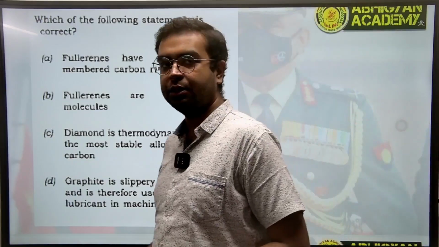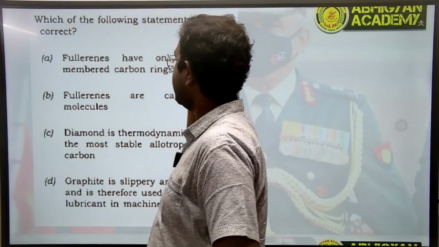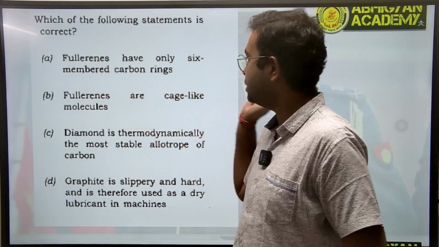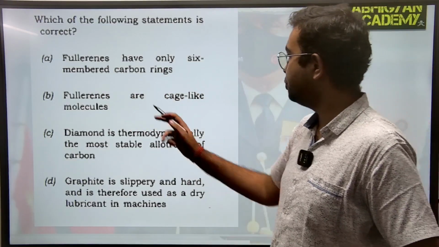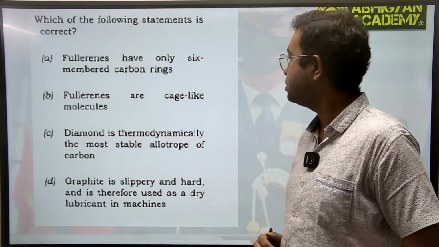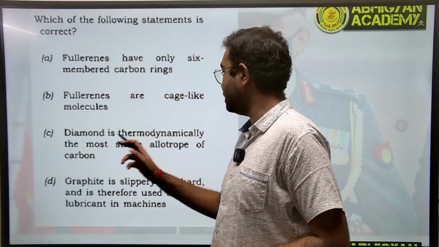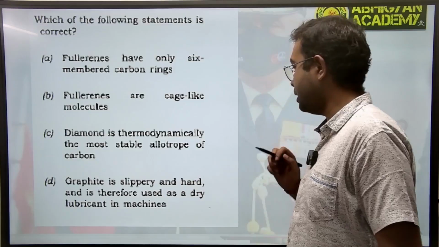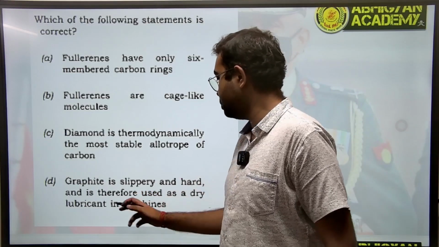Now the next question is, which of the following statements is correct? Fullerenes have only 6-membered carbon rings. Fullerenes are cage-like molecules. Diamond is thermodynamically the most stable allotrope of carbon. Graphite is slippery and hard and is therefore used as a dry lubricant in machines.